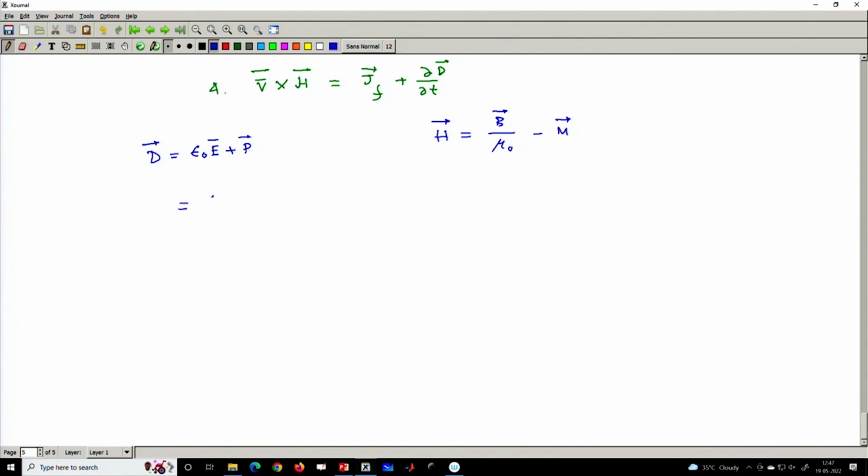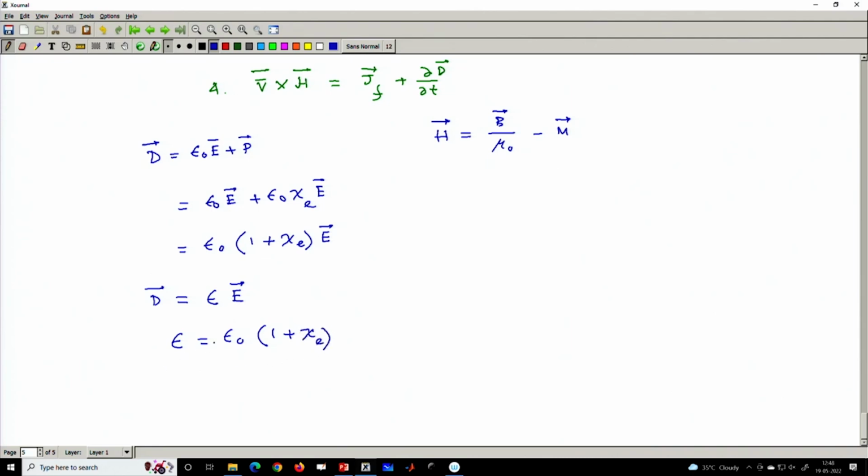Here it is epsilon 0 E, and P again I can write in terms of E, like epsilon 0 chi E E. So that makes me epsilon 0 (1 plus chi E) E, and that is simply D is equal to epsilon E, where epsilon is epsilon 0 (1 plus chi E).